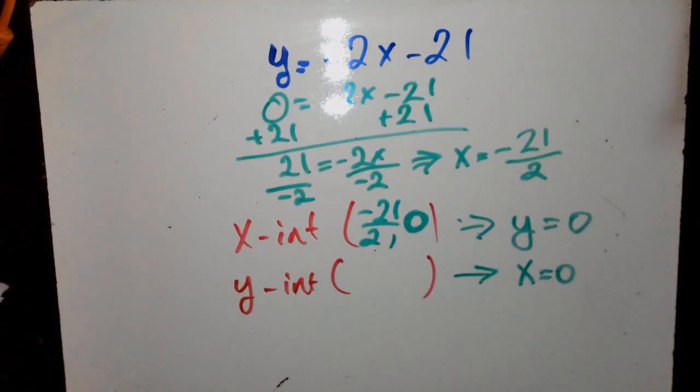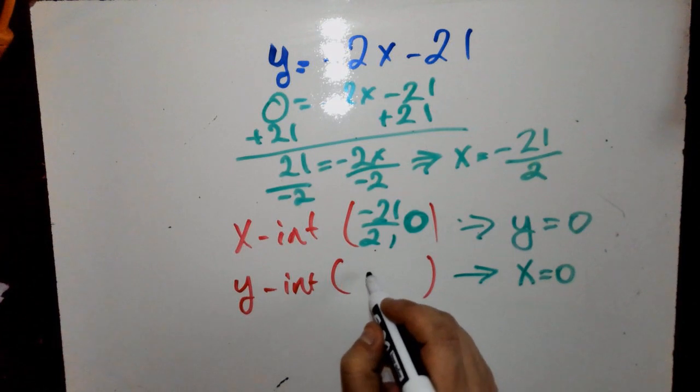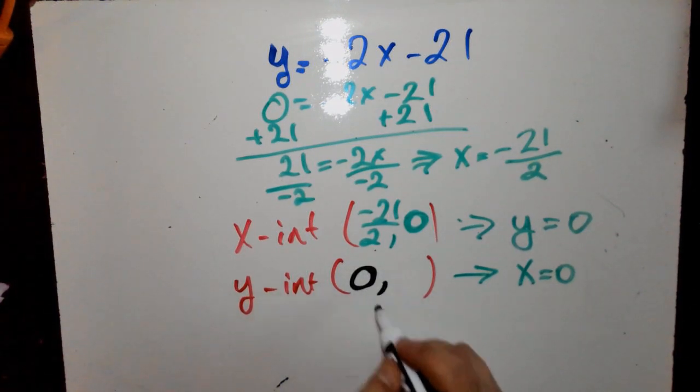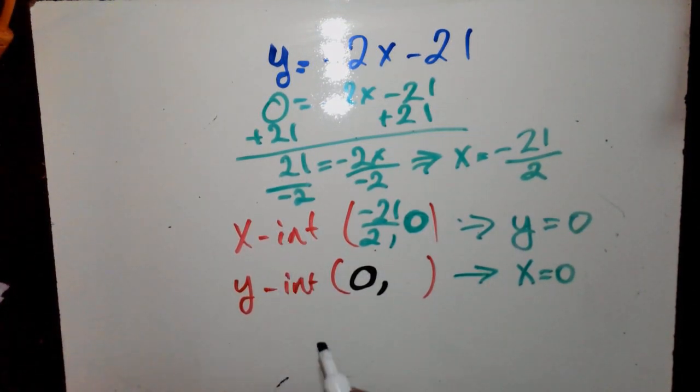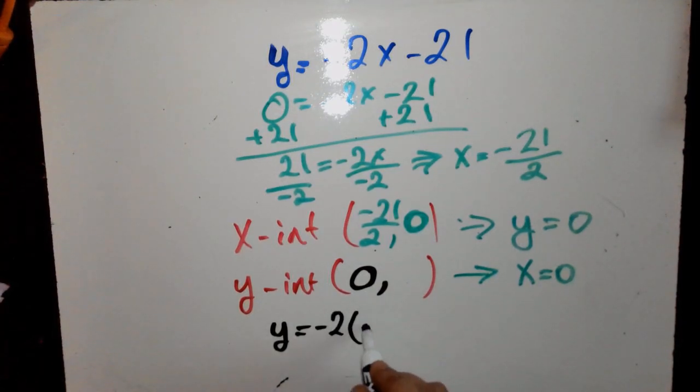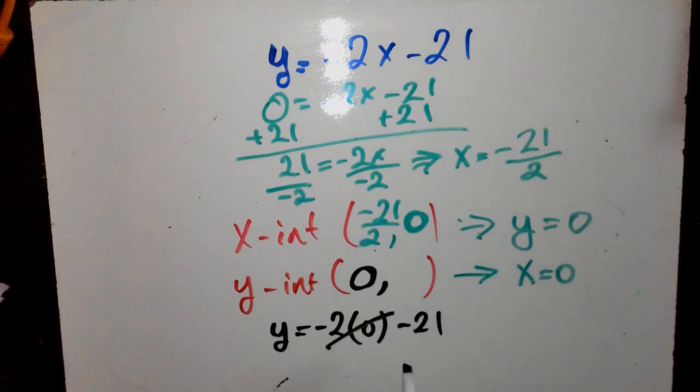Now let's do the y-intercept. For y-intercept, x equals 0. So, y equals negative 2 times 0 minus 21. Cancelled. Y equals negative 21 is your answer.